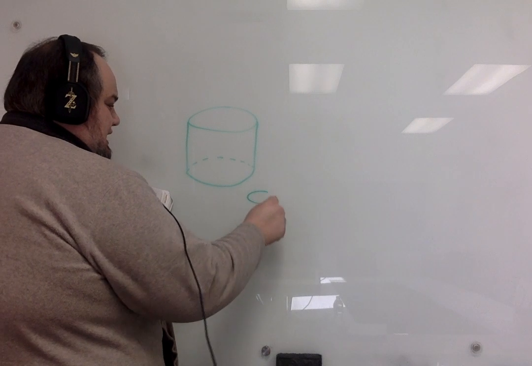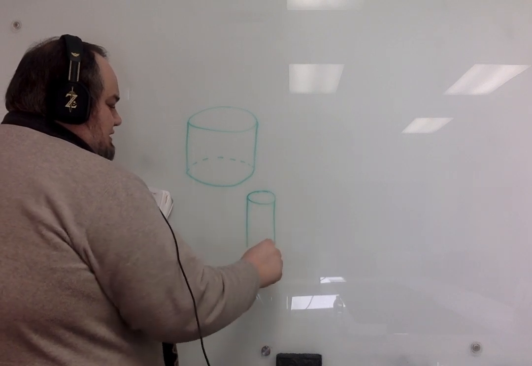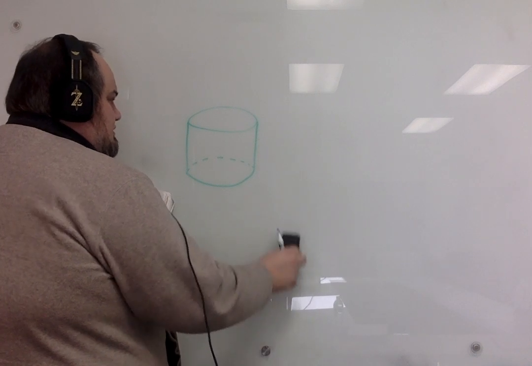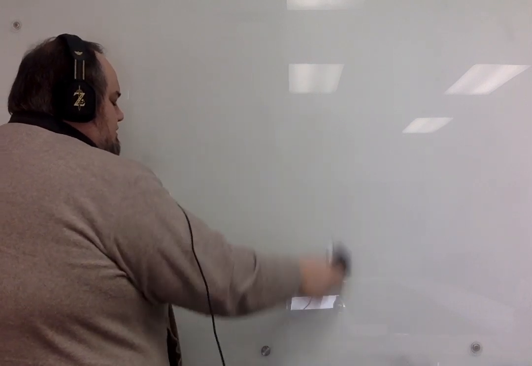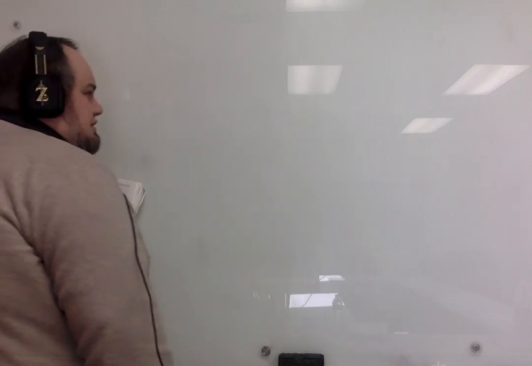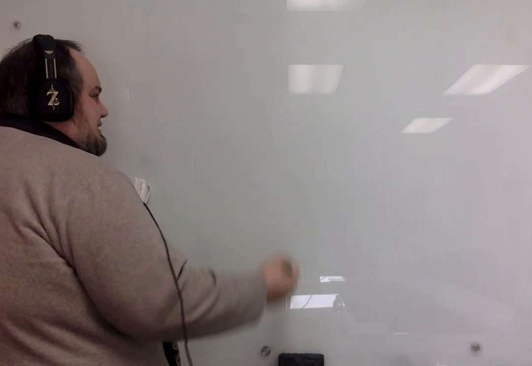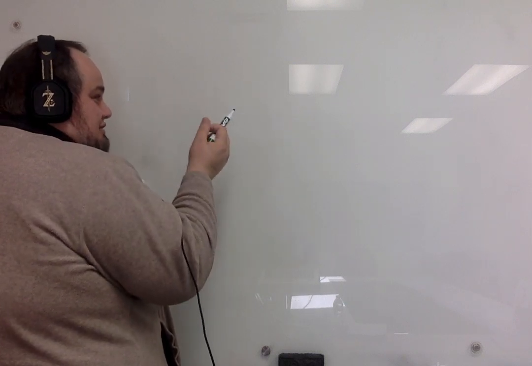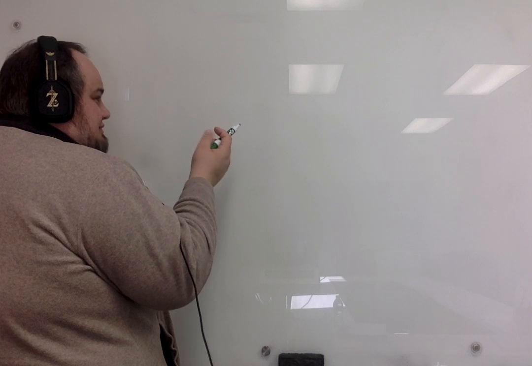You could have different sizes of cylinders. Cylinders can actually have any shape for their base. They just both have to be the same. If it has a polygon for its base, it's a prism, a special type of cylinder.